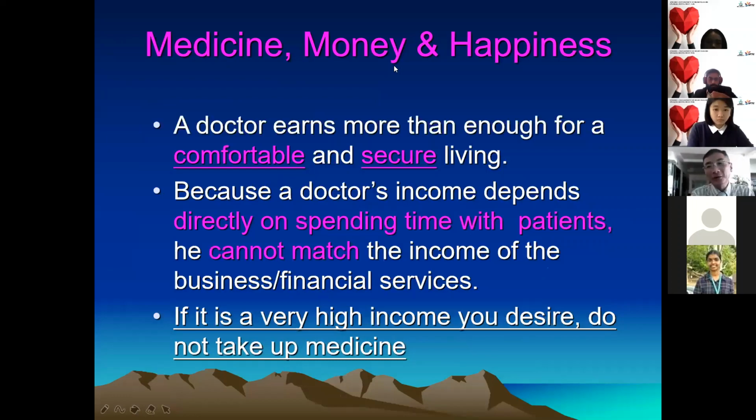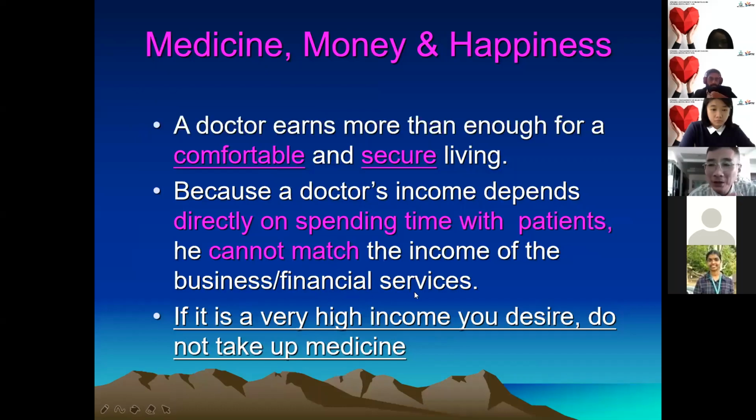So let's talk about job and money, because money in life nowadays is very important. And then, of course, what's more important is happiness. What does a doctor earn? A doctor earns enough. You compare yourself with a teacher, with an accountant, you will be comfortable, you will be secure, but you cannot match those in certain professions.